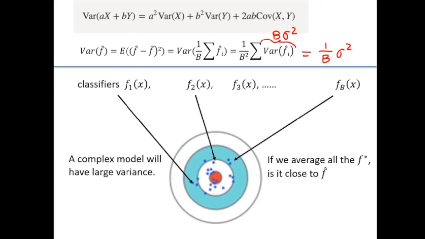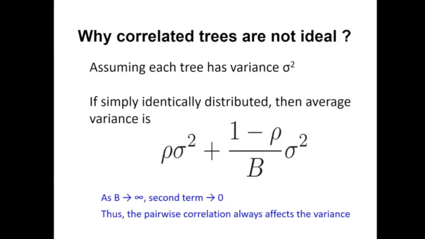All right, I should remove this animation, but now let's see, if there are correlations among trees, what is the variance equation? This is the equation of the final joint model if there's a correlation. Of course, I'm assuming each pairwise correlation is the same rho, but there can be more detailed representations, like rho 1, rho 2, rho ij.